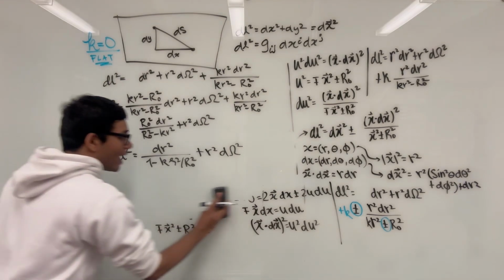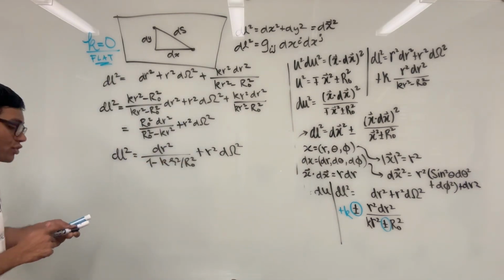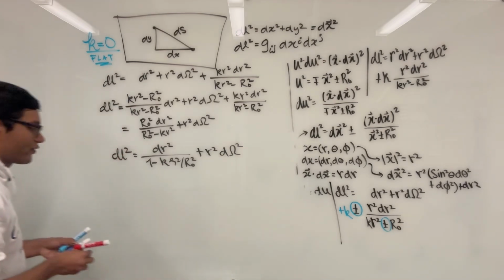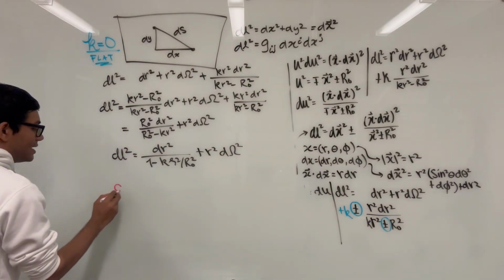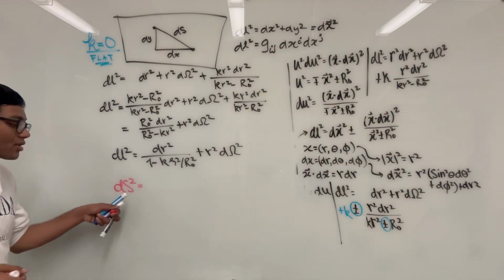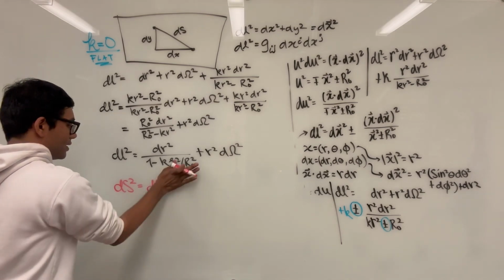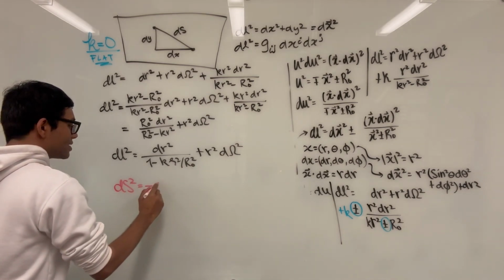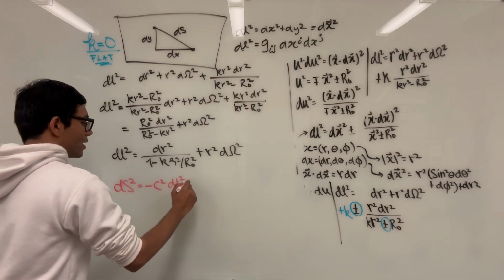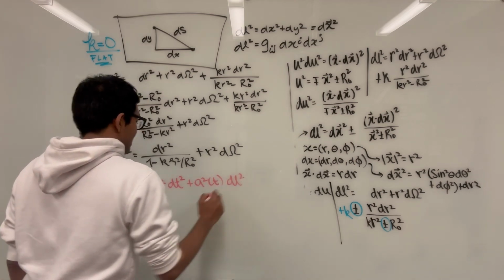And so now, finally, to wrap it all up, that means that my final metric for the whole universe is going to be ds squared, which is a space-time step not only in space but also in time, which is equal to minus c squared dt squared plus some scale factor a squared of t times dl squared.